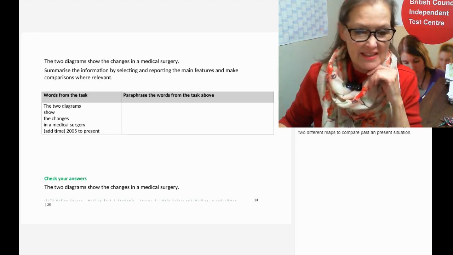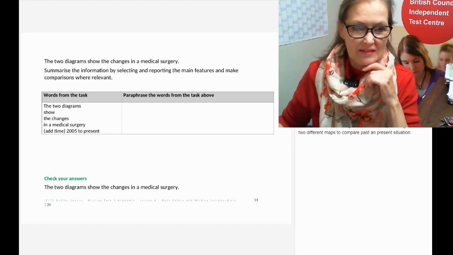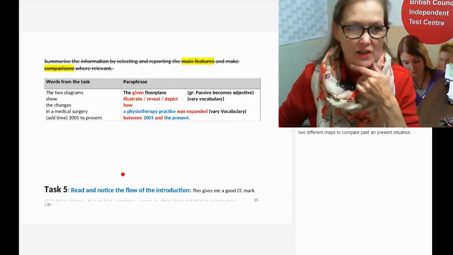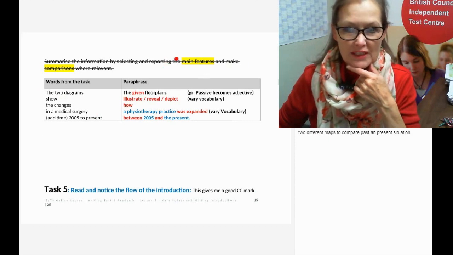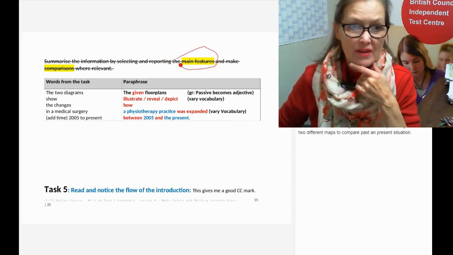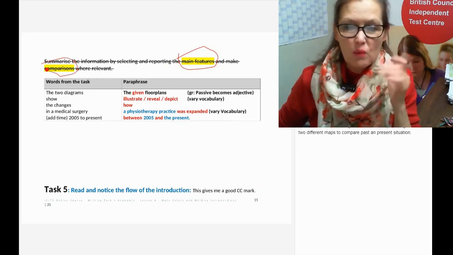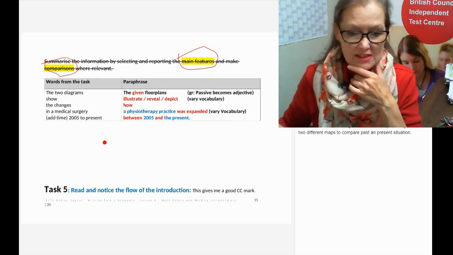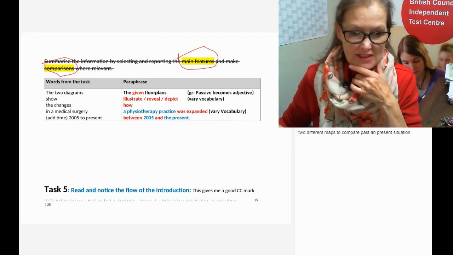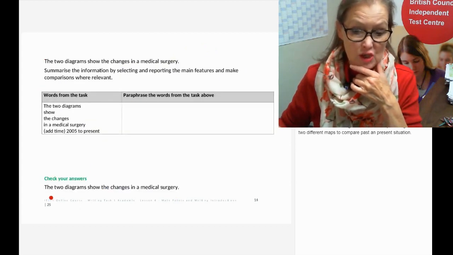This is what I had. So we don't really need any of that information. Once we know that we need to look for the main features and we need to make comparisons where possible, we don't need the rest. We just need the topic sentence, which is the 2 diagrams show the changes in the medical surgery.